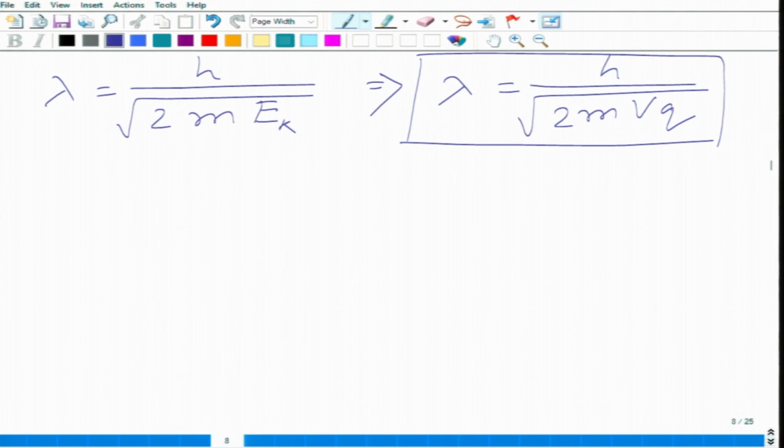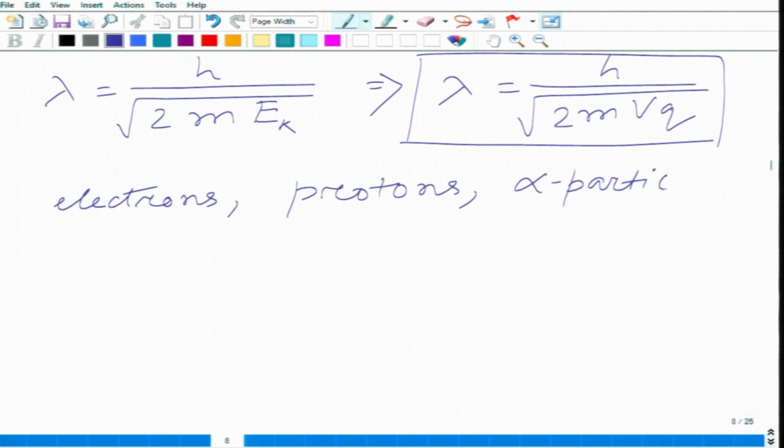Now, from this relation of de Broglie's wavelength, we can calculate the wavelength of different types of particles. Let's consider particles like electrons, protons and alpha particles. Okay.